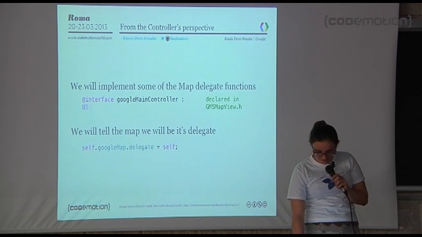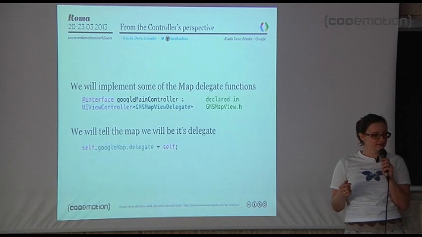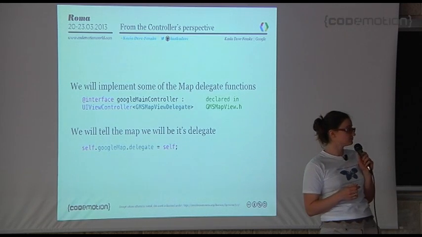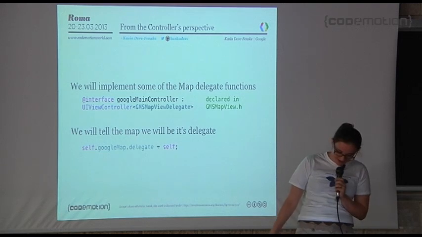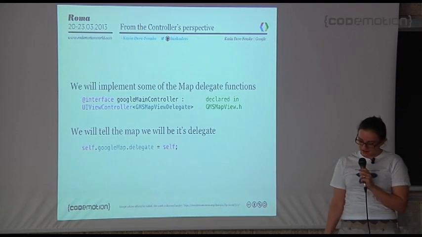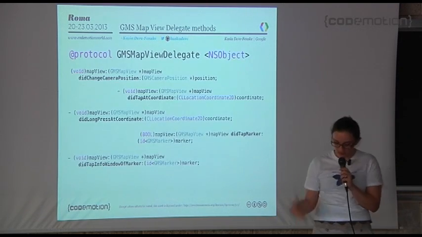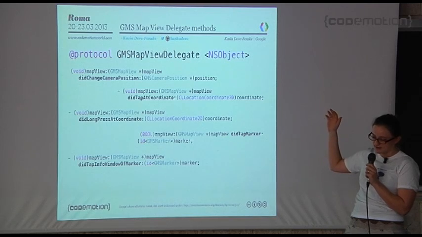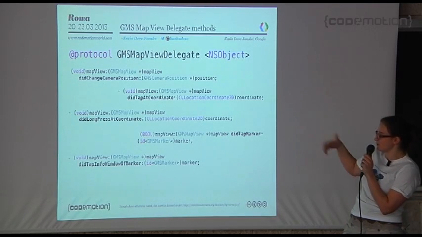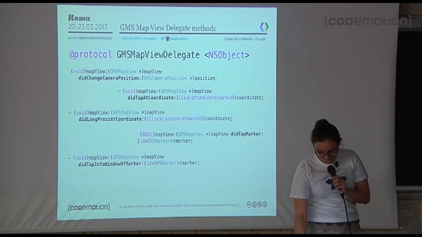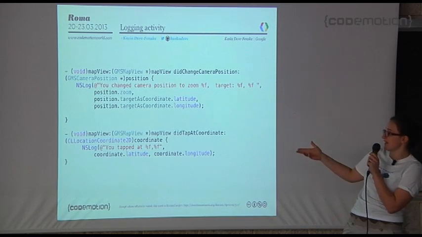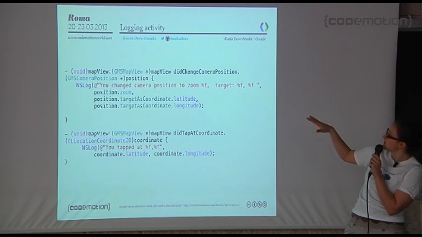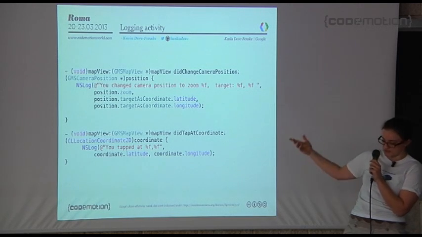And after we do that, we can then simply implement any of these methods, and we'll get notified of the changes to the map. For example, here, I simply logged the events. So I implemented didChangeCameraPosition and logged the position.